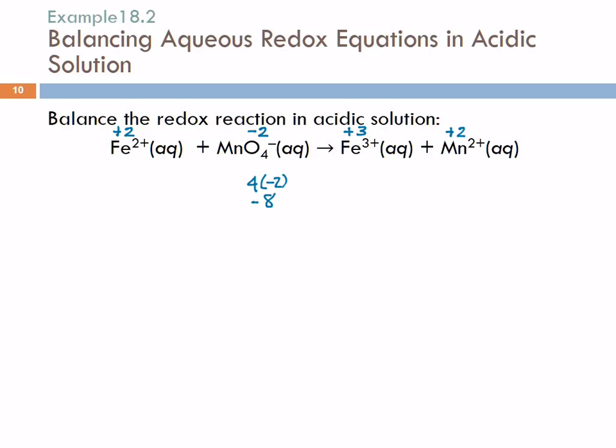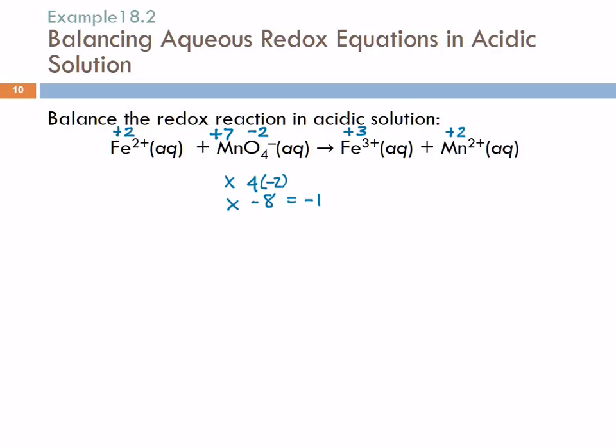That's -8. And these have to add up to -1. We're going to call the manganese X. So X minus 8 equals -1. The manganese must be +7, right, in order for the oxidation numbers to add up to -1. So the manganese is +7.